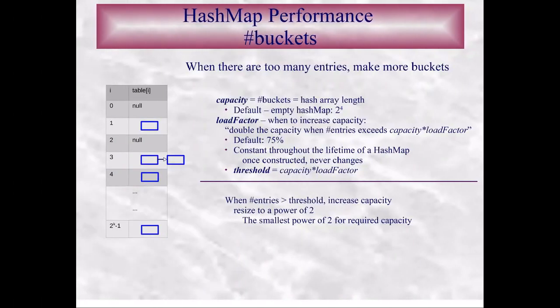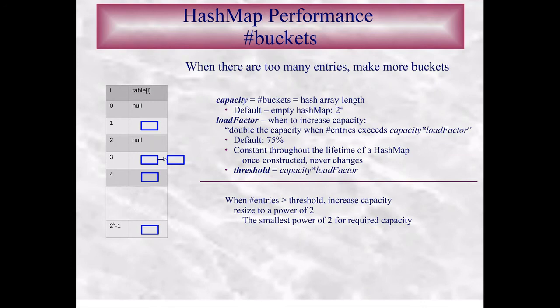So we now have a good hash code to distribute the keys evenly to the buckets. But then we have to have enough buckets. We have to give enough room for the keys to go in so that there won't be many collisions.